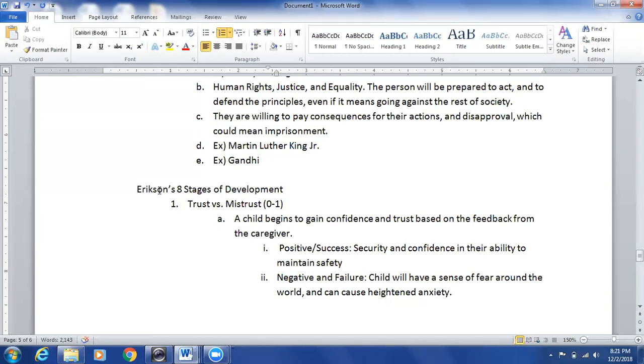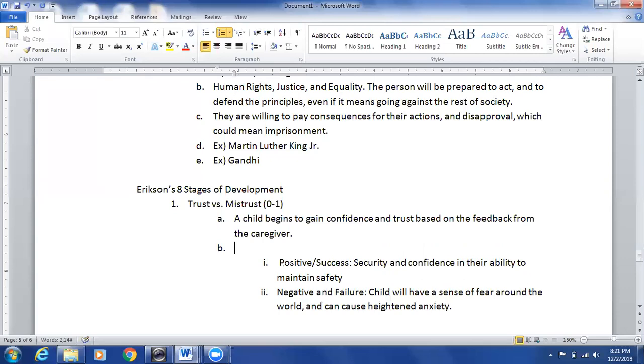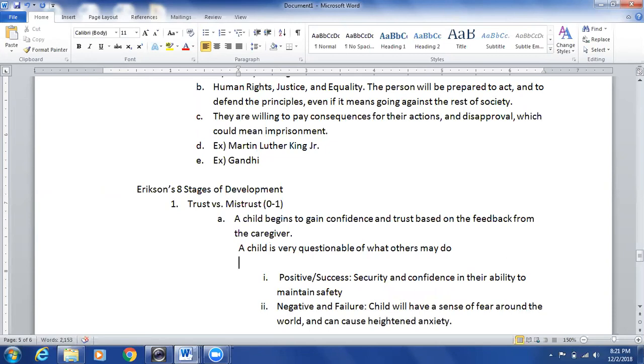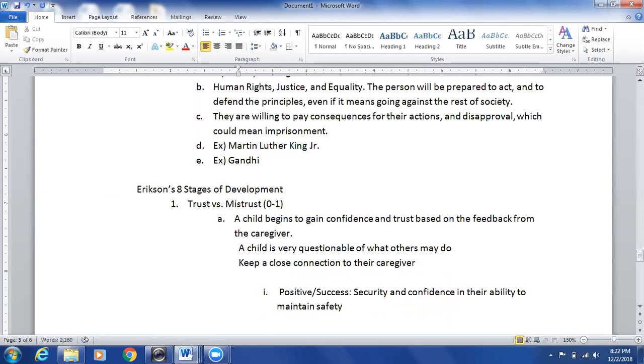And other considerations with it is a child is very questionable of what others may do. They keep a close connection to their caregiver, if they're present.